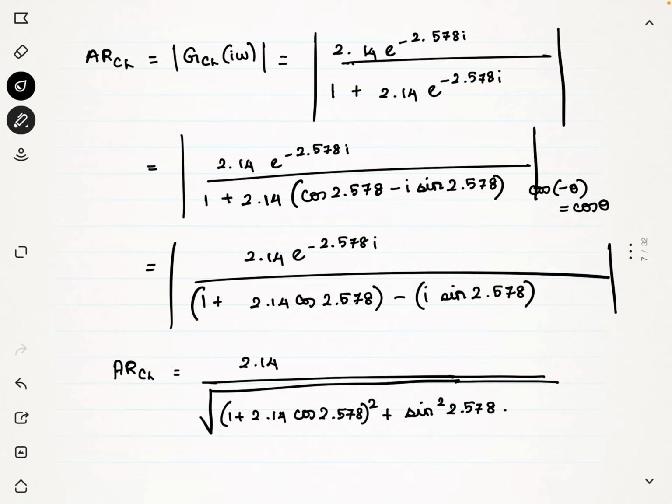And if we plug in all the numerical values of the cosine and sine, what we get is the amplitude ratio of the closed loop will be 1.528.